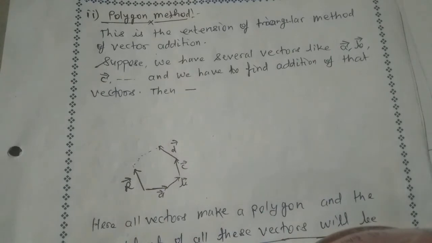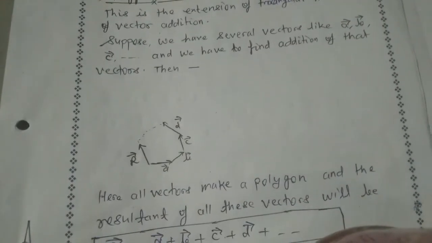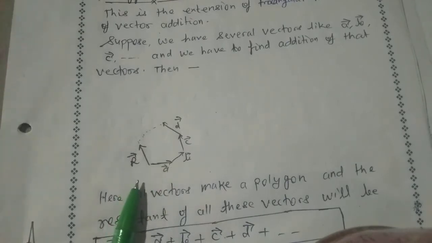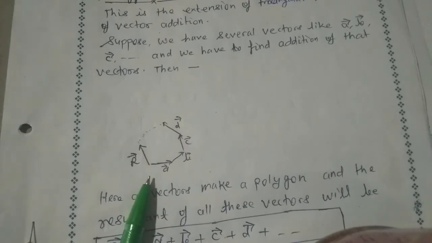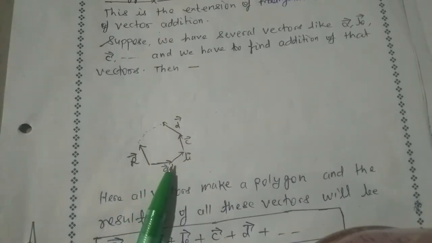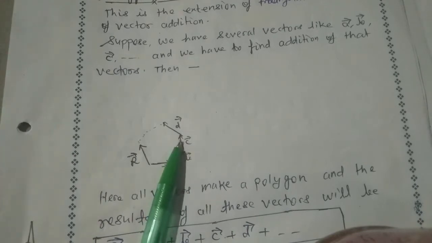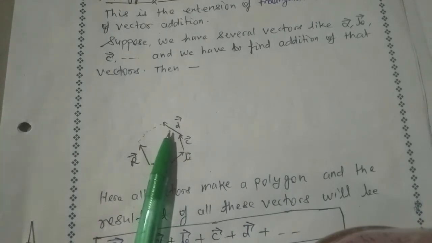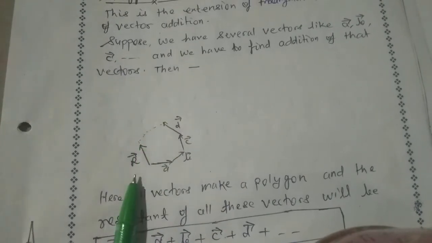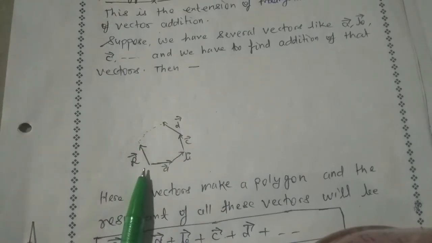In the triangular method we made a triangle. Here we will make a polygon. This is vector A, this is vector B, this is vector C, this is vector D, and all these will make a polygon.